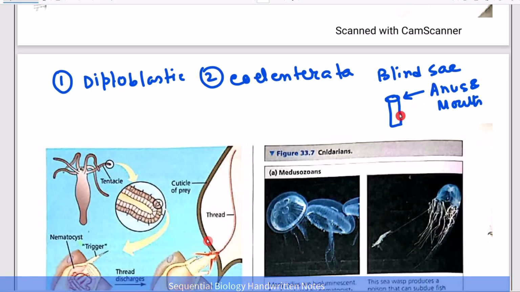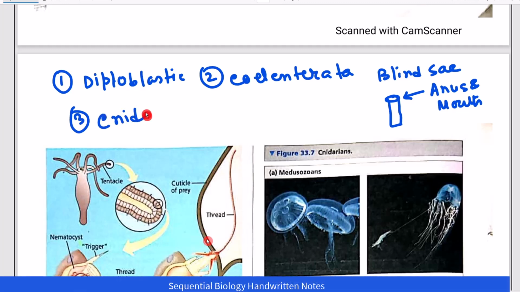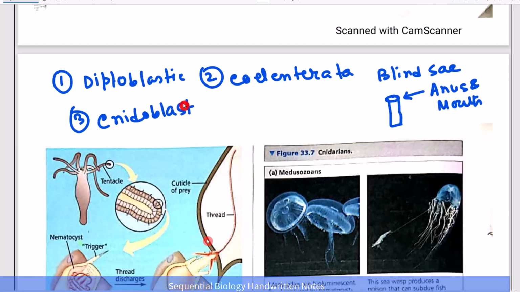Also, they have many tentacles, and in these tentacles a special type of cell called the cnidoblast cell is present, which helps to capture prey. For this reason this phylum is also known as Cnidaria, because the cnidoblast cells, or special stinging cells, are present in their tentacles.